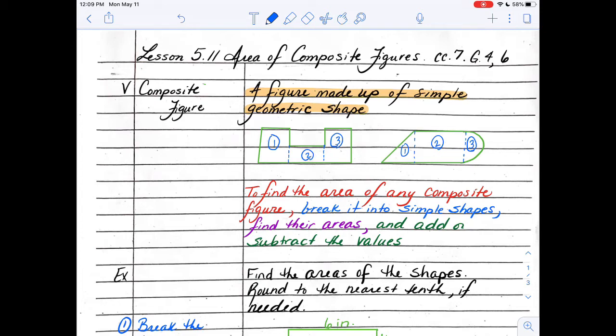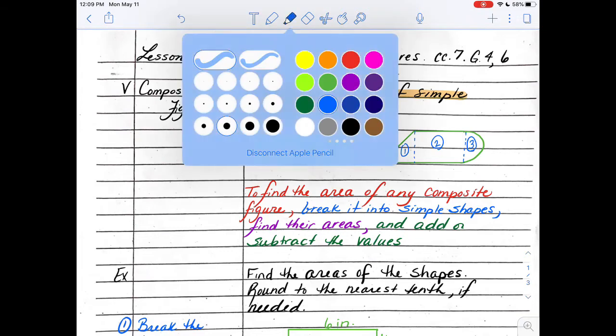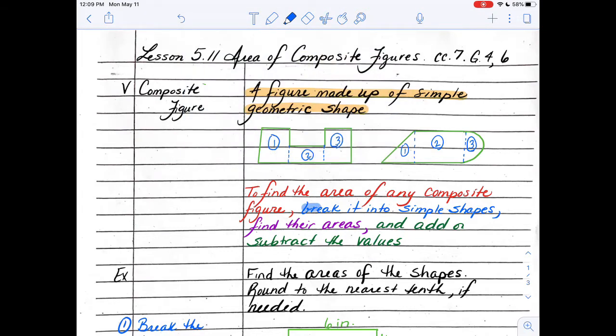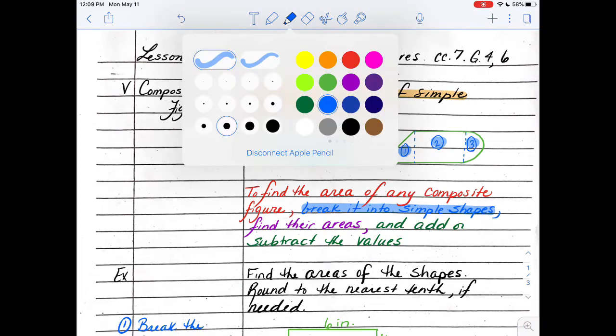So when we're trying to find the area of these composite figures, you're going to do what I just did and break it into those simple shapes. Break it into where we can see how many regular simple shapes there are. Then we can find the areas of each of those shapes.